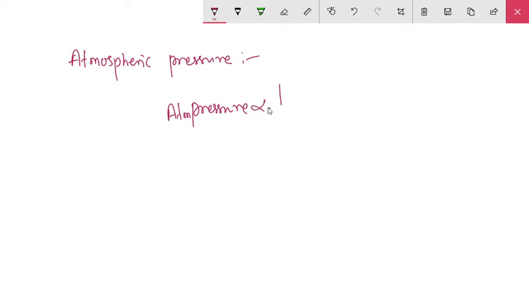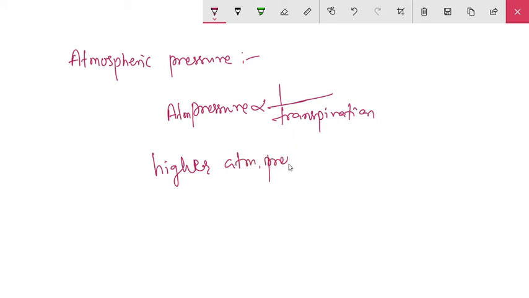That means when there is a higher atmospheric pressure, the rate of transpiration is low.